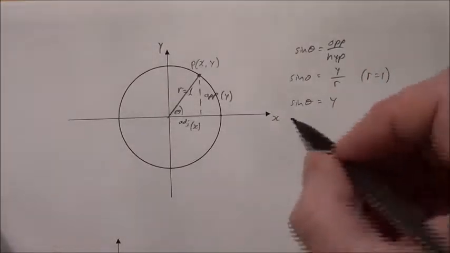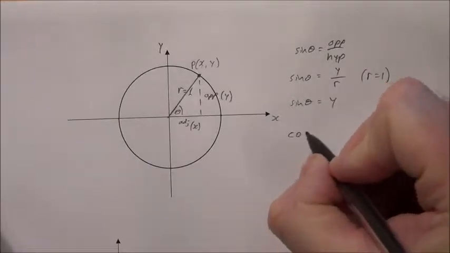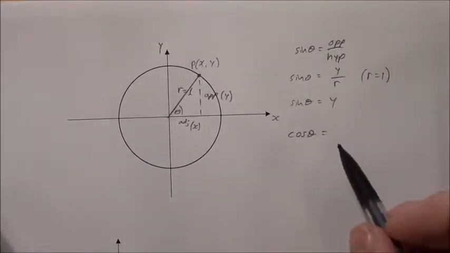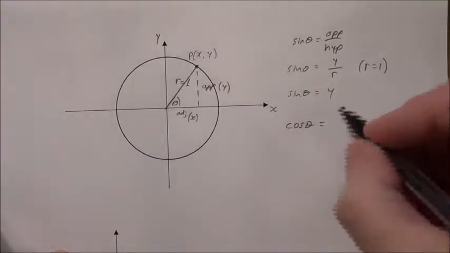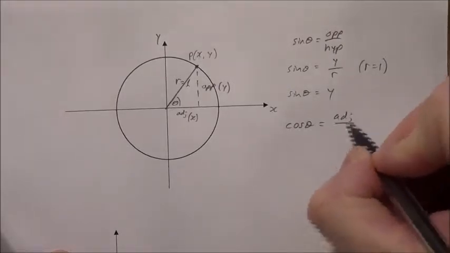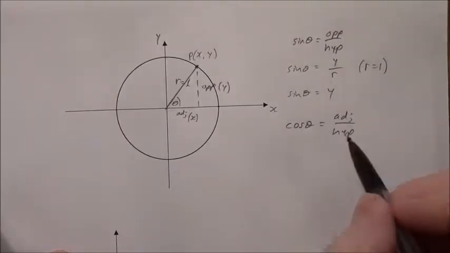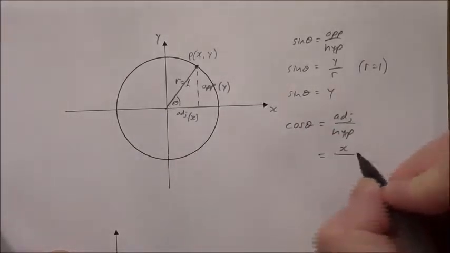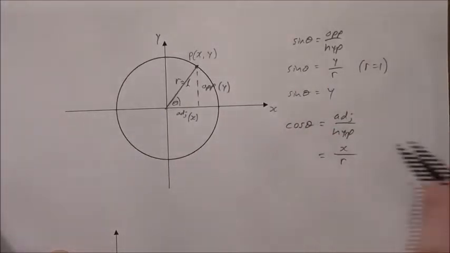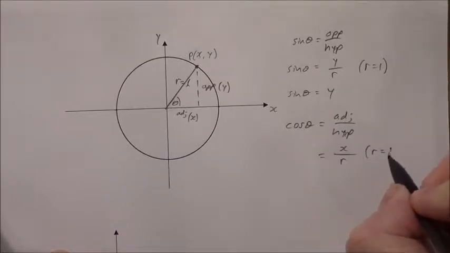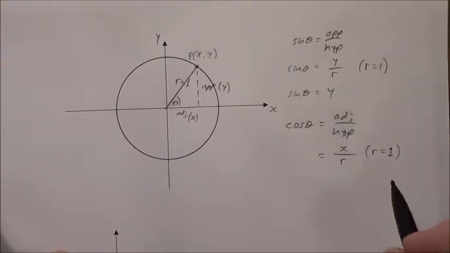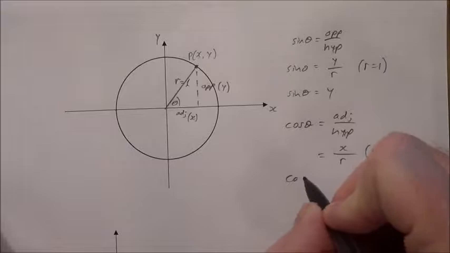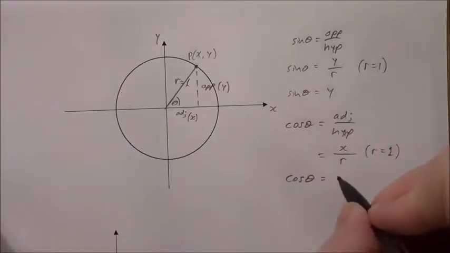If we then continue this and we look at the cosine of theta, we know that the cosine theta is adjacent over hypotenuse, and the adjacent here in this case is x, the hypotenuse is r. We know the hypotenuse, the radius, is 1 unit, therefore cosine theta is just actually equal to x.